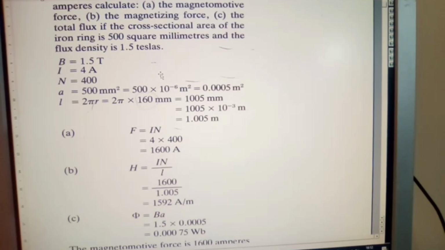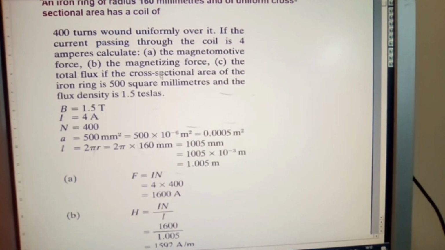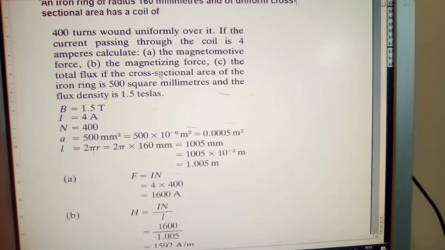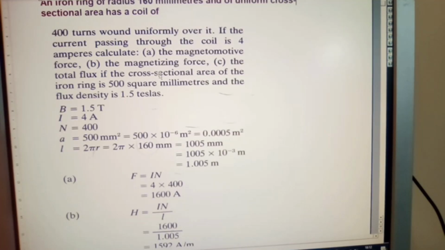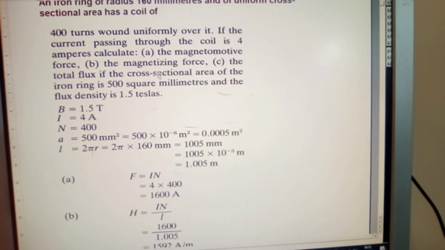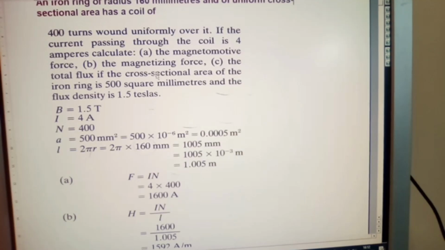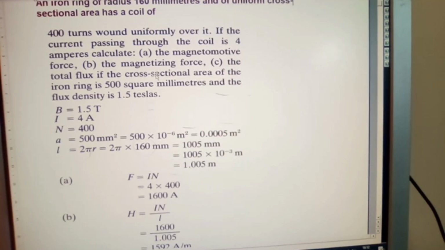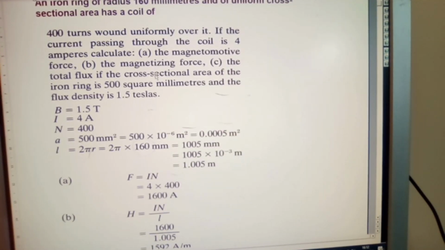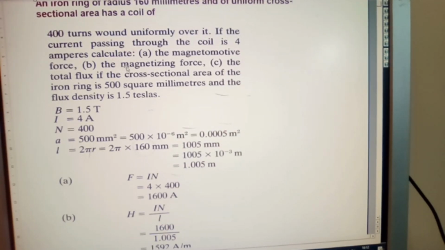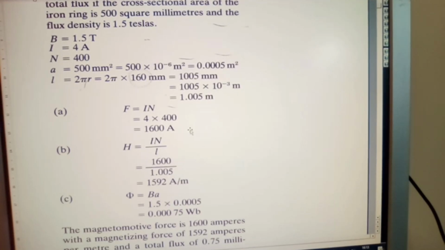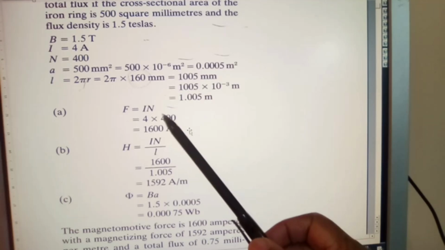Now here, the magnetic motive force is 1600 amperes. Now reconsider this for me.